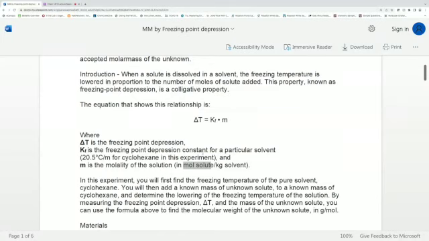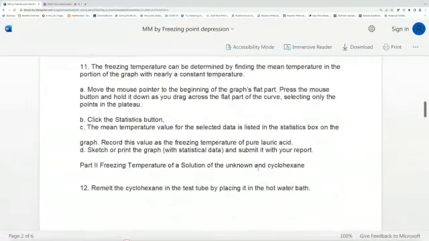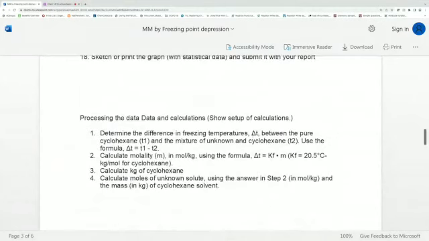So from molality, we'll get moles of solute, right? We'll use this part here. If we have the mass of the solute, take the grams of the solute divided by moles of solute to get the molar mass. And of course, it talks you through the whole process, which is just information because I didn't want to change too much. But this is showing you step by step what we're going to be doing.